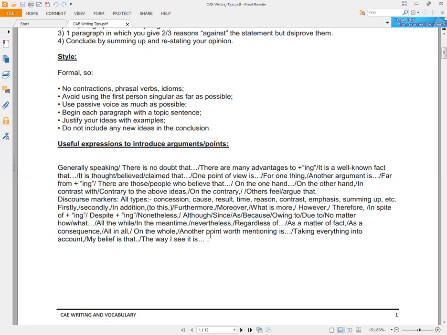Although, since, and so on. So let's start with since. Since, as, because, owing to, due to, all of those have the same meaning, to express cause or reasons. For example, I want to travel to England since I want to learn a language.